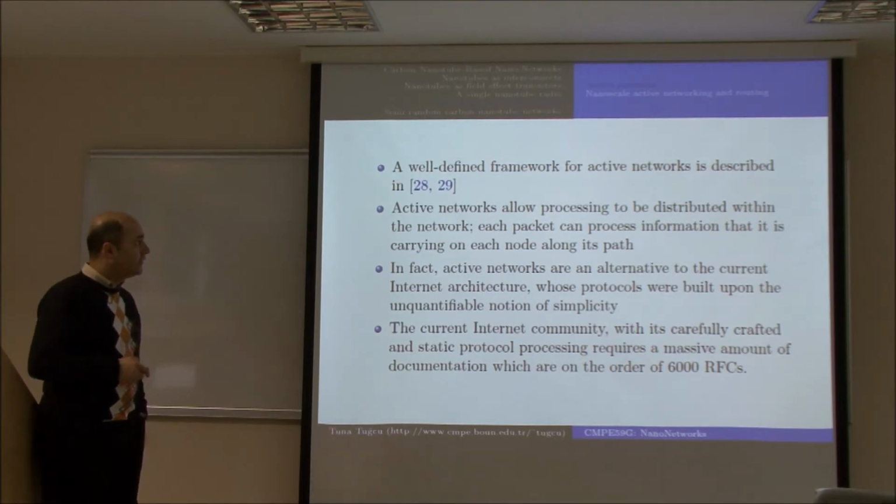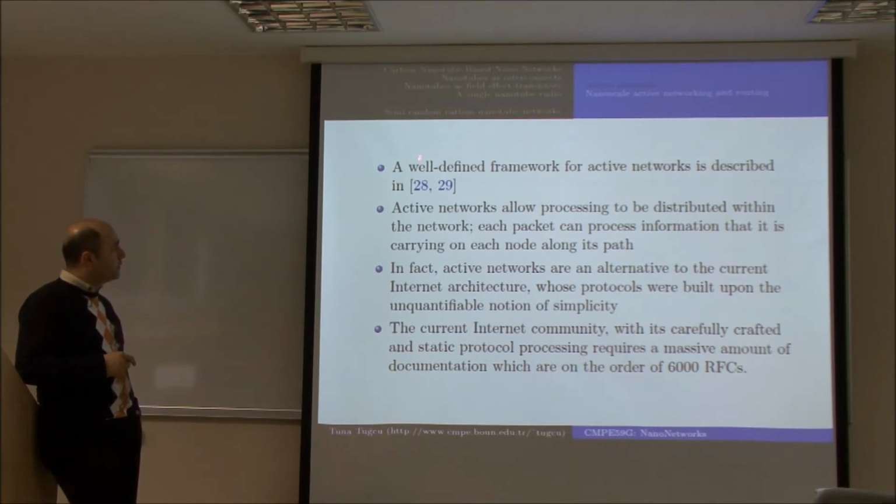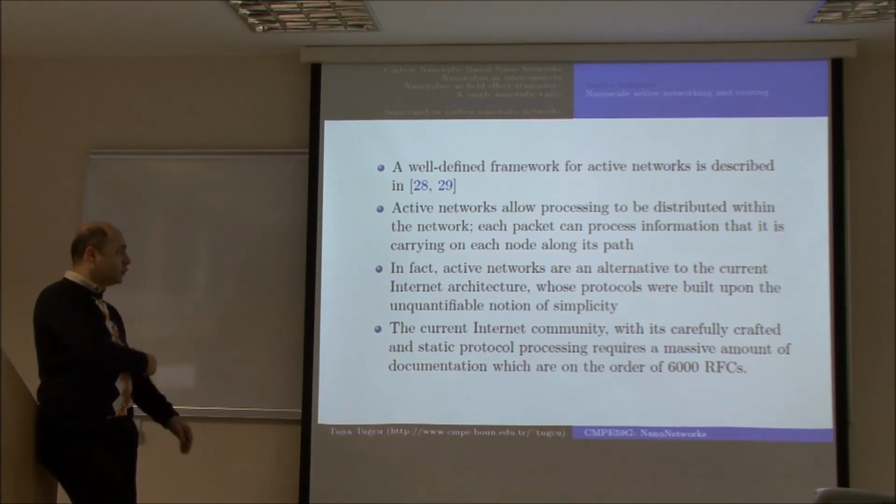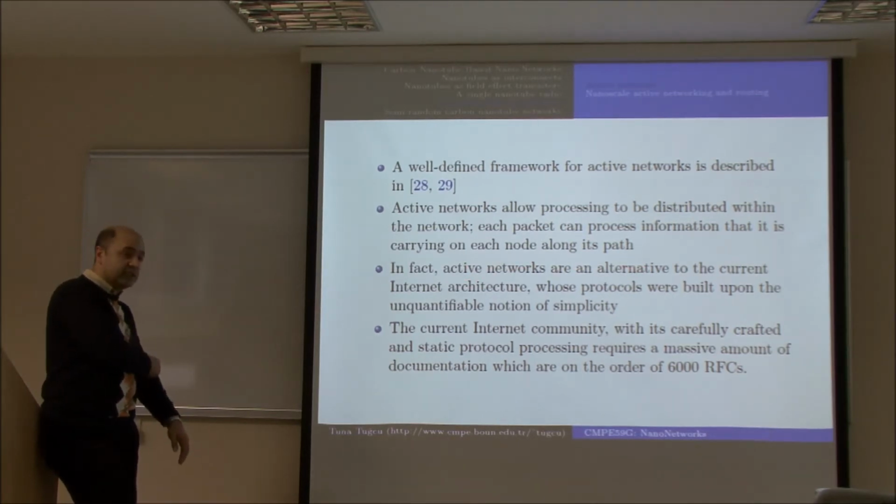A well-defined framework for such active networks has been proposed in 28 and 29, and the active networks allow processing to be distributed within the network, and each packet can process information that it's carrying inside whilst flowing through that path.